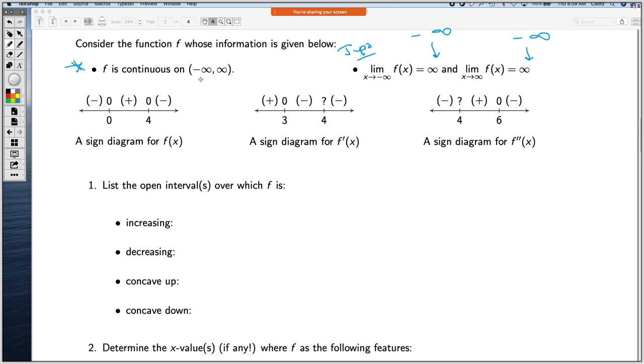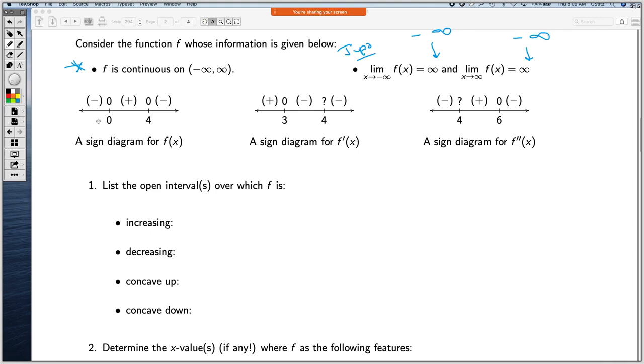So we're told it's continuous everywhere. We're given the end behavior. We're given a sign diagram for the function, the first derivative, and the second derivative. Okay? So let's remind ourselves what each of these sign diagrams is going to tell us about. A sign diagram for the original function, where the function's positive and the function's negative, is telling us about the y values on the graph. If the y values are positive, it's above the x-axis.